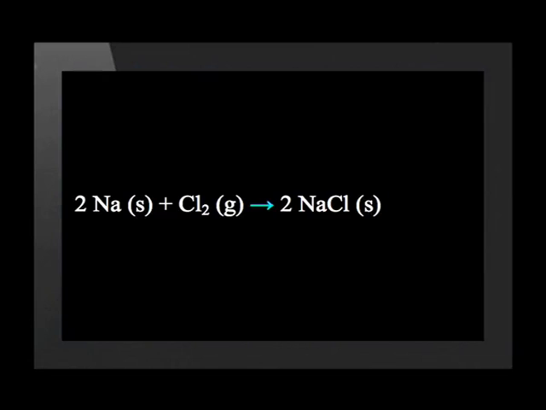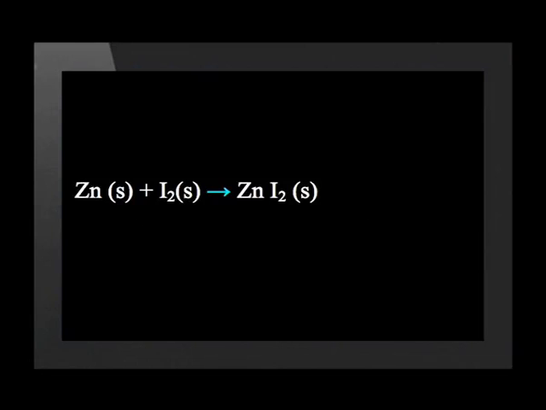Here they are. The first reaction we saw was sodium reacting with chlorine gas. The chemical equation for this reaction is 2Na plus Cl2 react to form 2NaCl. Next was the reaction of zinc and iodine. Here the chemical equation is Zn plus I2 react to form ZnI2.